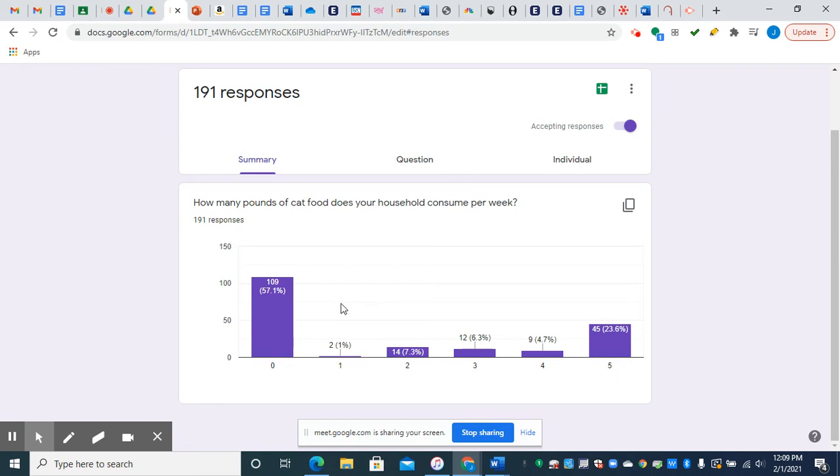Now, we see already that people have different levels of want and need for cat food. Some people don't need any cat food, and some people guess about 5 pounds a week, and everything in between.